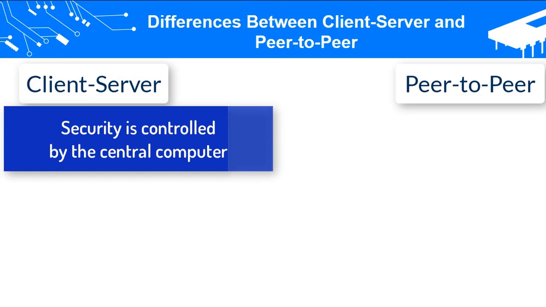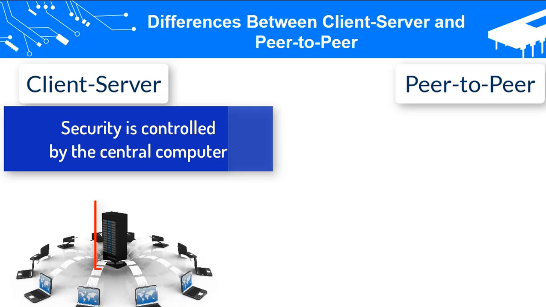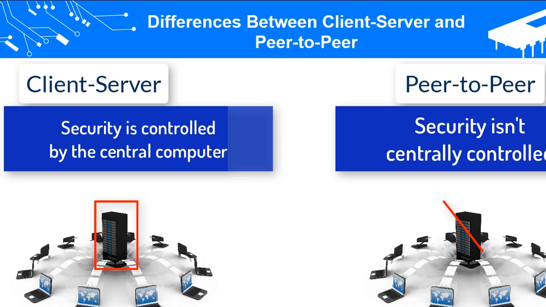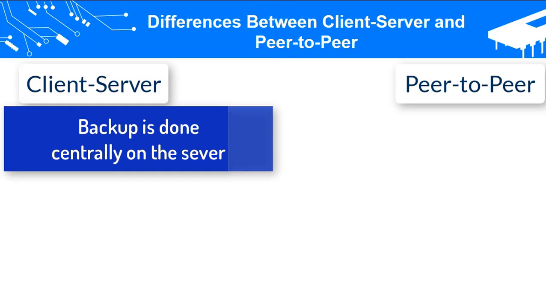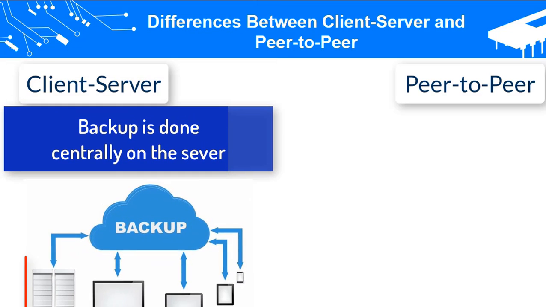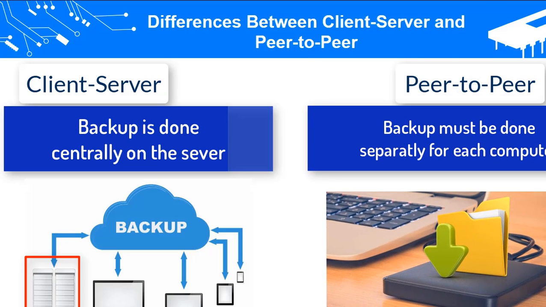Security is controlled by the central computer in client-server, while security is not centrally controlled in peer-to-peer. The third point is that backup is done centrally on the server, while backup must be done separately for each computer on a peer-to-peer network.